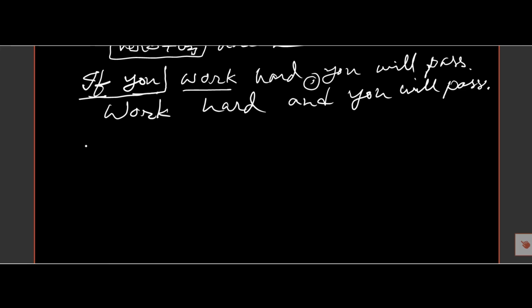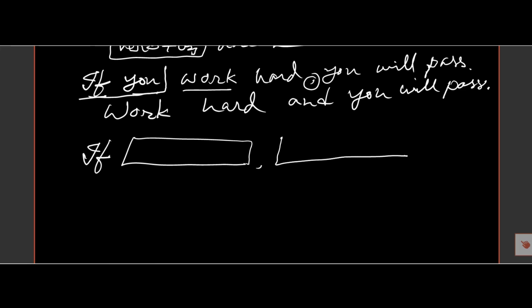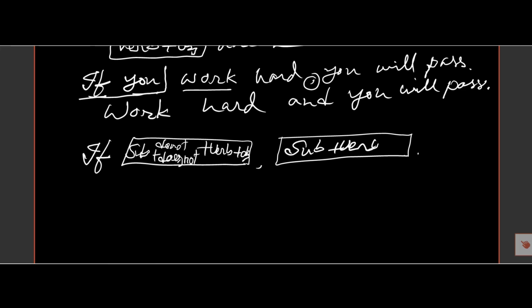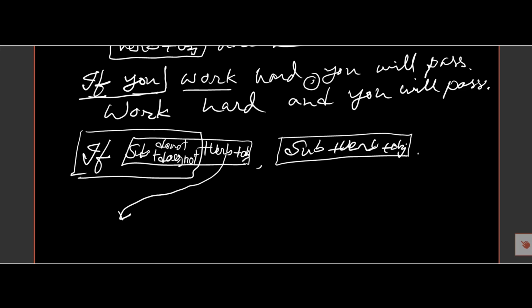Now let's see another structure. If the sentence begins with if and the subject, after the subject there is do not or does not, then verb, then object, and the other part also has subject, verb, object, and this is negative, so we must cut it off and we must begin from the verb.